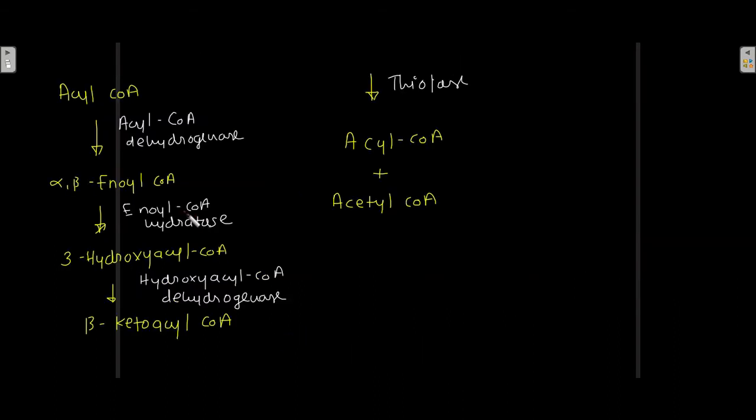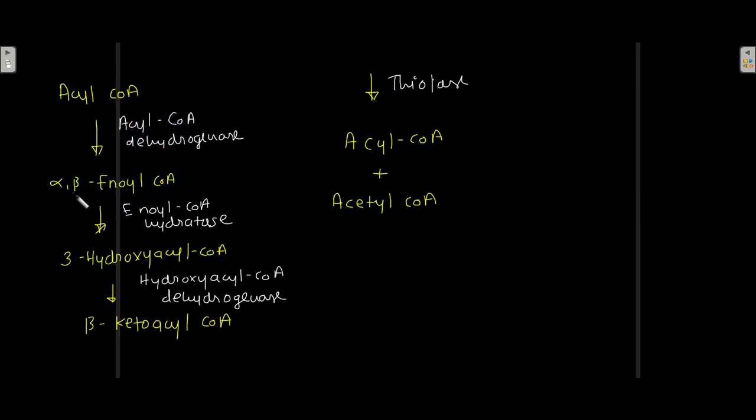So this is the summary of the reactions of the beta oxidation of palmitic acid. Acyl coenzyme A is converted to alpha beta enoyl coenzyme A, and this reaction is catalyzed by acyl coenzyme A dehydrogenase.